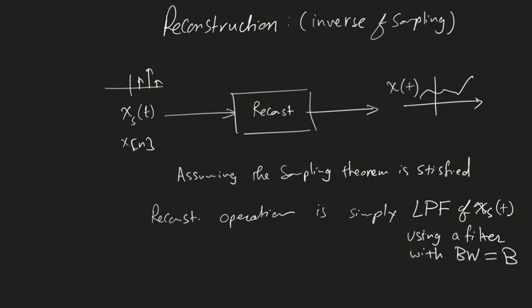Now, just for housekeeping or terminology issues, I'll mention some of the important terminologies here. So we have the sampling theorem, which says that your sampling frequency omega s has to be greater.